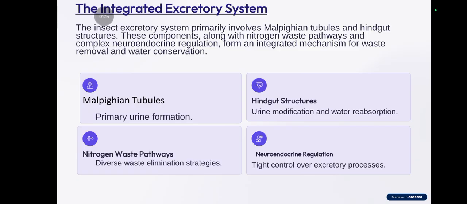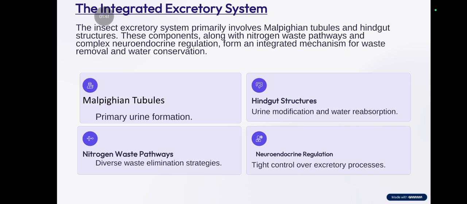The integrated excretory system. The insect excretory system primarily involves Malpighian tubules and hindgut structures. These components, along with nitrogen waste pathways and complex neuroendocrine regulation, form an integrated mechanism for waste removal and water conservation. So coming to Malpighian tubules, its major function is the urine formation.